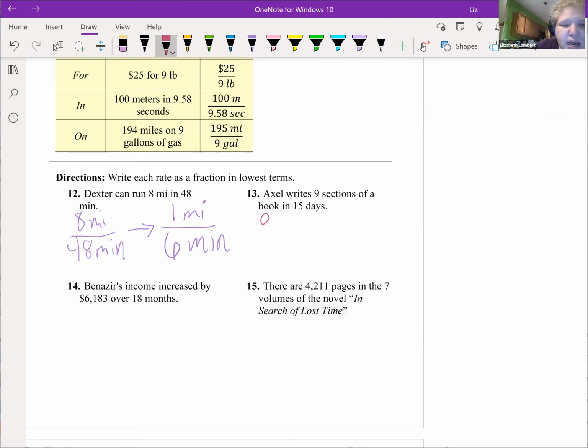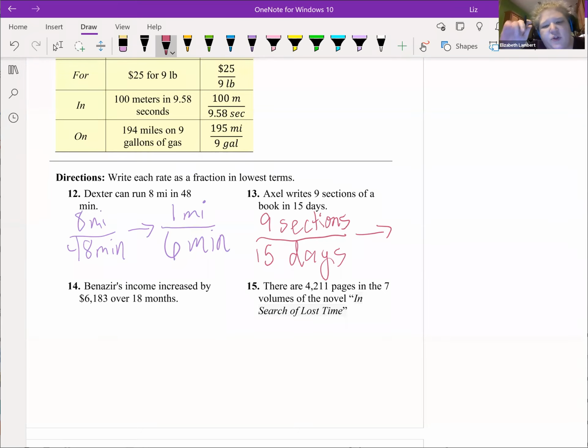Here we go, 9 sections in 15 days. 9 and 15, those should hopefully be familiar numbers. 9 is 3 times 3, 15 does have a 3 in it. So if I divide both of those by 3, I now have 3 to 5. 3 sections in 5 days.